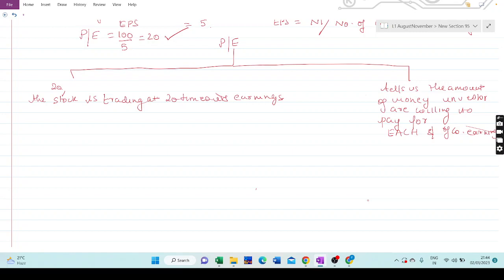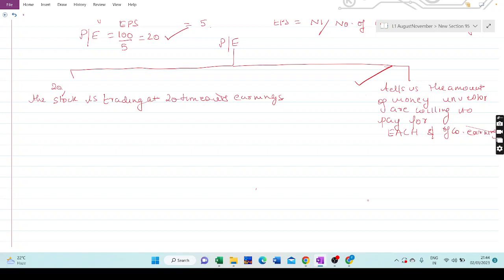So what does a higher PE ratio indicate? Now we'll follow the second interpretation. Can I say that a high PE ratio indicates that investors are willing to pay more? Yes sir. So a higher PE ratio means that investors are willing to pay more for each dollar of company's earnings.